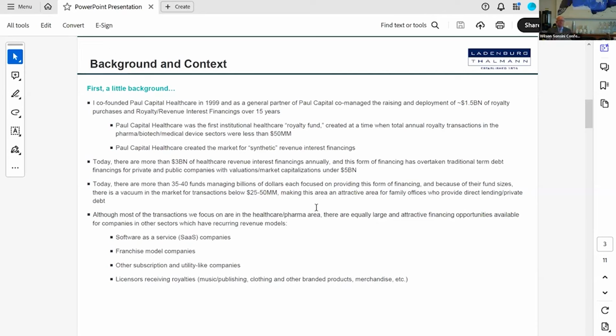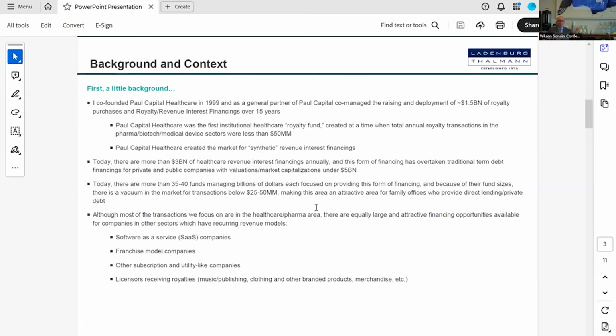So the success and popularity of this form of financing has created a vacuum in the market for deals that are 25, 50 million and below, which makes this an attractive area for family offices to invest either on their own or in combination with some other family offices. I'll be taking you through some of that.